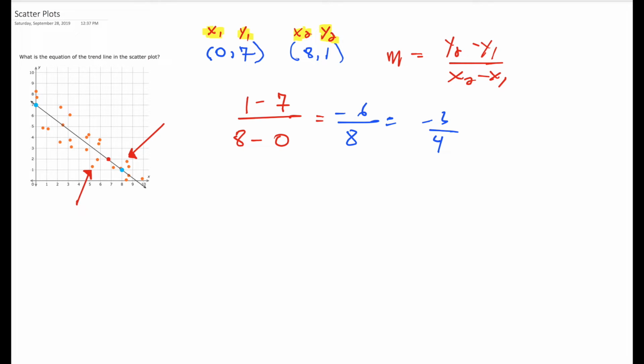Okay, so now there's a couple ways of doing this problem. We have a slope, which is -3 over 4. We also have a point, which is 8, and we have a y-intercept. I'm going to do different ways. The first way is what was my go-to way when I was in school, which was y equals mx plus b.